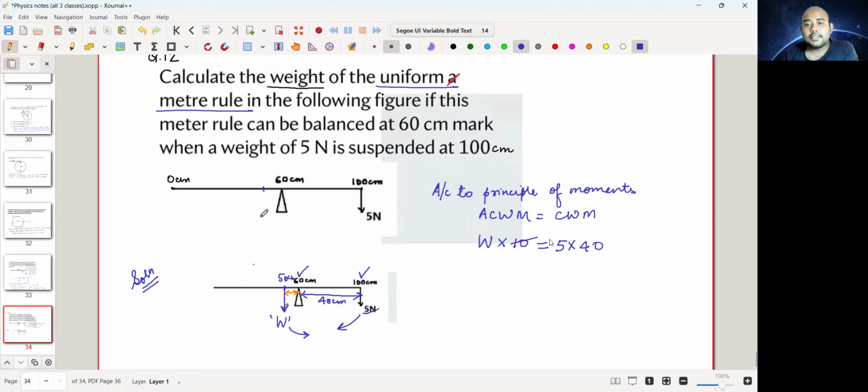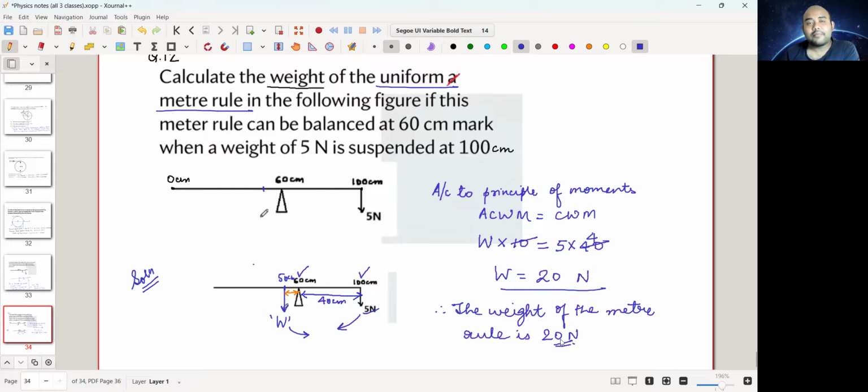So we can cancel this. 10 fours are 40, and we have W is equal to 5 fours are 20 Newton. So we have got the weight of the meter rule. The weight of the meter rule is 20 Newton. I hope you have understood every concept nicely and you have enjoyed while solving this question.